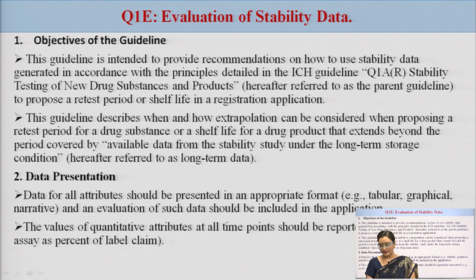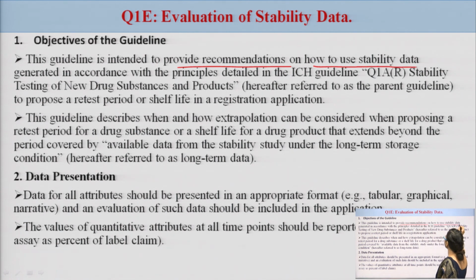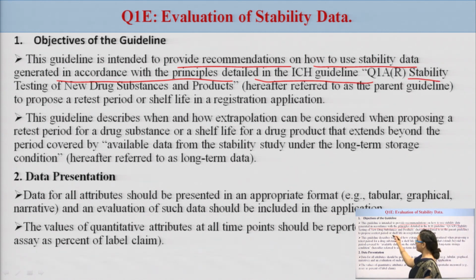Next is the Q1E guideline, which is for evaluation of stability data. The objective of the guideline is to provide recommendations on how to use stability data generated in accordance with the principles detailed in ICH guideline Q1A R2, that is stability testing of new drug substances and products.